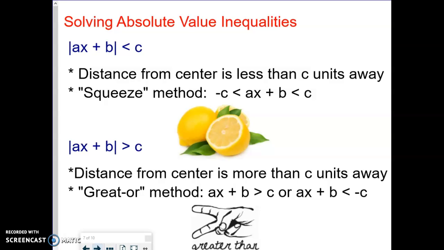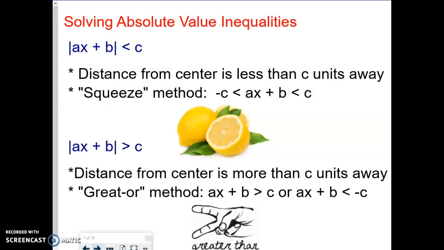Okay. So that's talking about that tolerance here, meaning within a range. The second type is when you have an absolute value that's greater than C. And that's more of the fact that you're more than C units away from something. Okay? So I want it to be beyond that. And that's more about rejection more than anything.